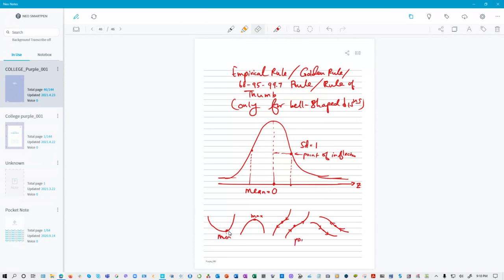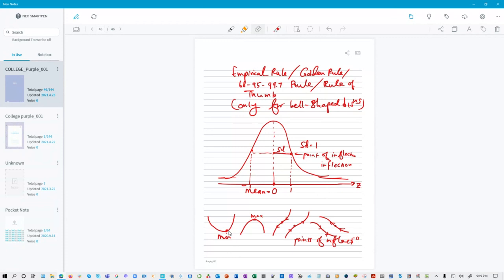These are called points of inflection, neither minima nor maxima. The distance between the mean and this point is actually the standard deviation. That's the physical interpretation. That means this should be 1, and on this side it should be negative 1.